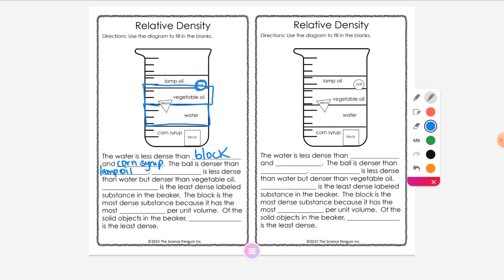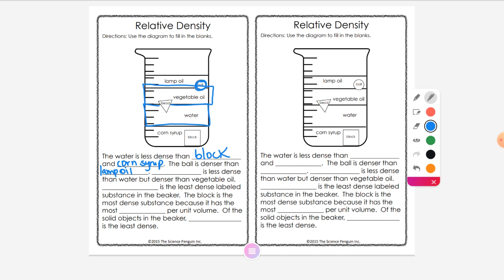If it's less dense than water, Augie, what's it going to do to the water? Yeah, so I'm looking above water, so it has to be above the water. So we're looking at the bead, the vegetable oil, the ball, the lamp oil, but denser or more dense than vegetable oil. Ava, what does that tell me? It tells me it has to be the bead.